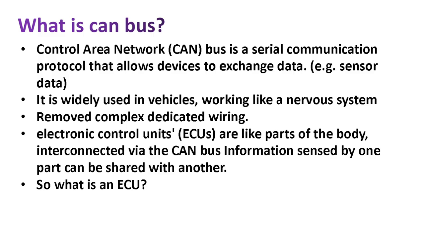Now next, here I have mentioned Controller Area Network. This is the long form of the CAN bus. It is a serial communication protocol that allows devices to exchange data like sensor data, okay. Just like every car has different sensors, camera sensor, radar sensor, and features like Bluetooth.